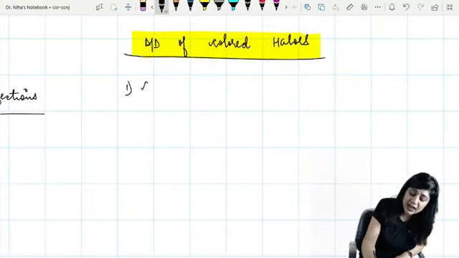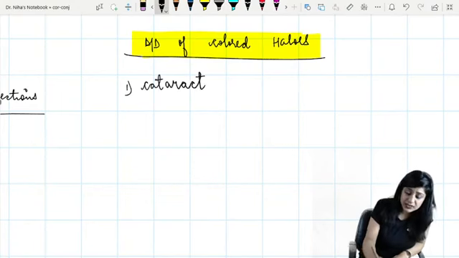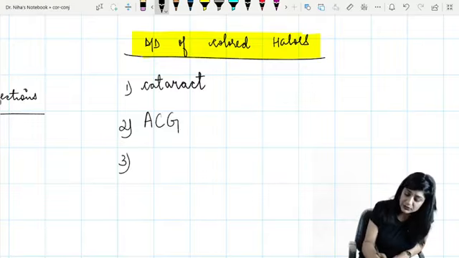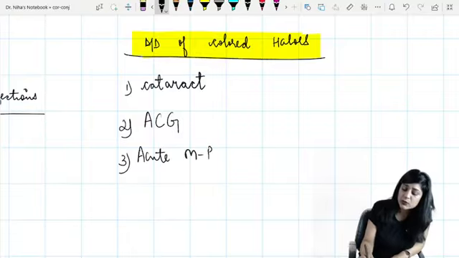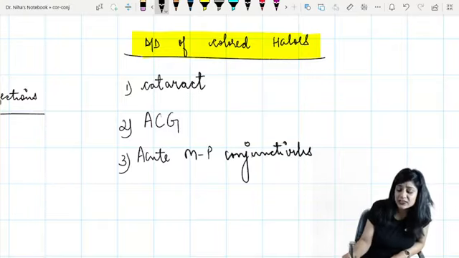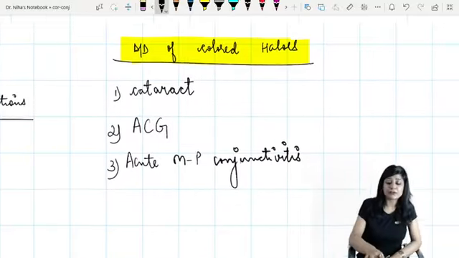Number 1, we have a cataract. Number 2 is a glaucoma. Which glaucoma? Acute congestive glaucoma. And number 3 is this one that we were talking about, acute mucopurulent conjunctivitis. So whenever you are getting an OPD case of conjunctivitis, it is these things that you have to look for.